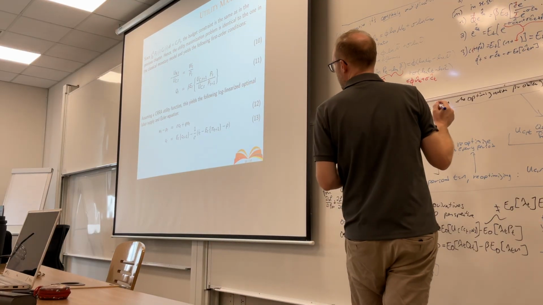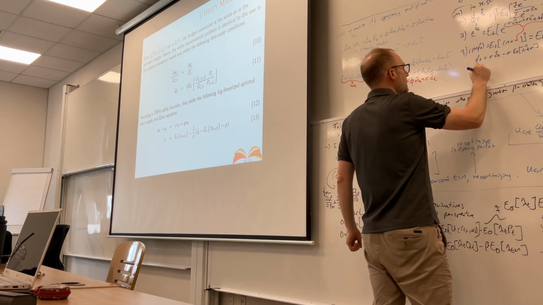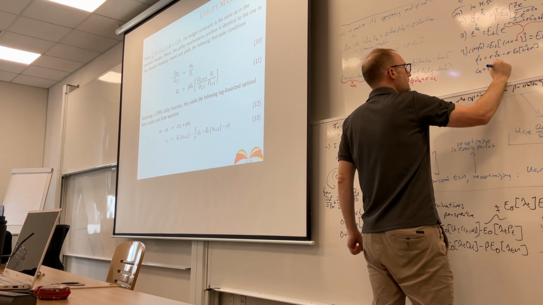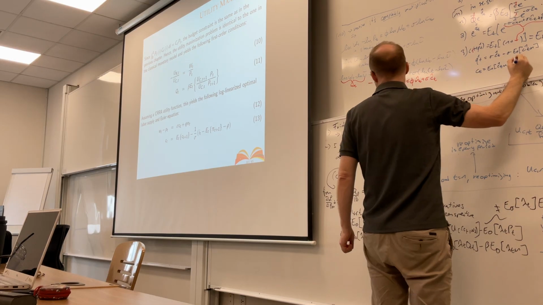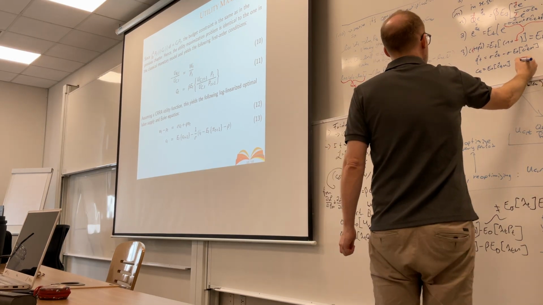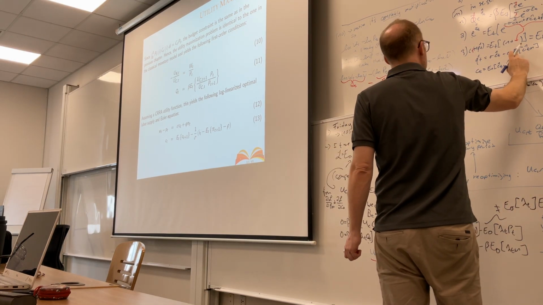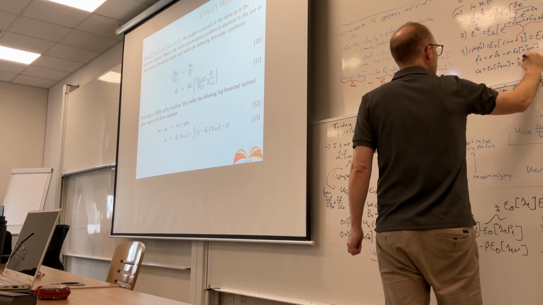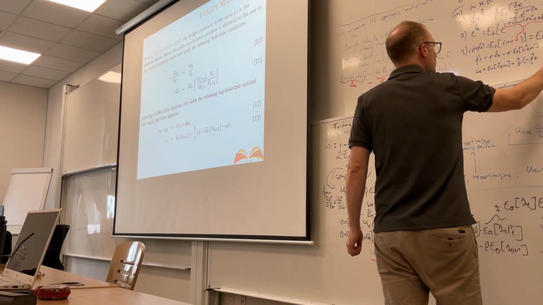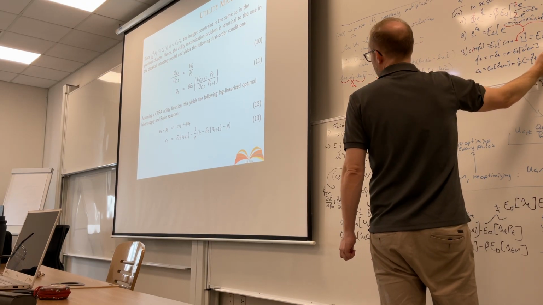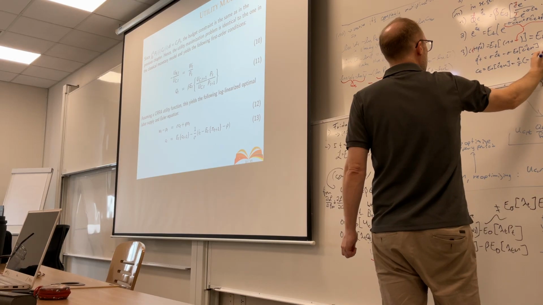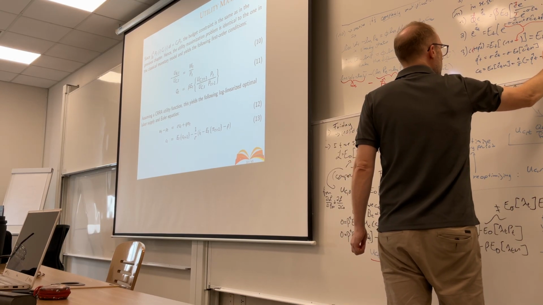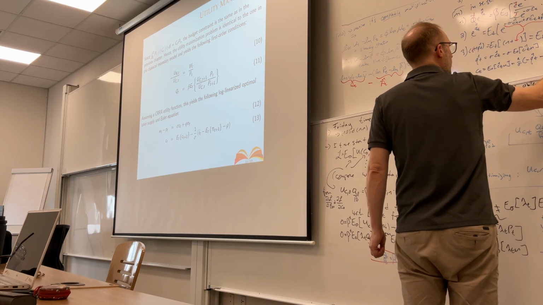Write this then as C hat T equals E T C hat T plus 1 minus 1 over sigma, Q hat T minus E T, T plus 1.